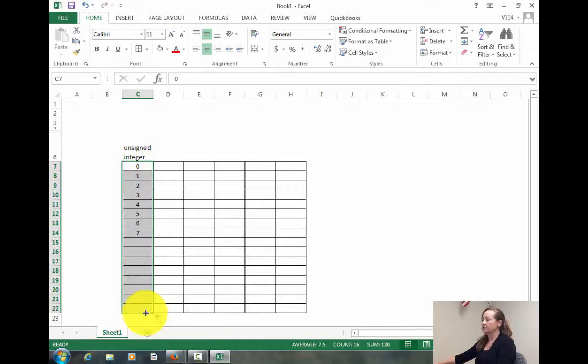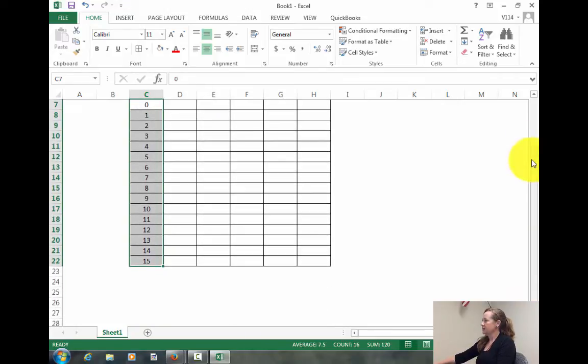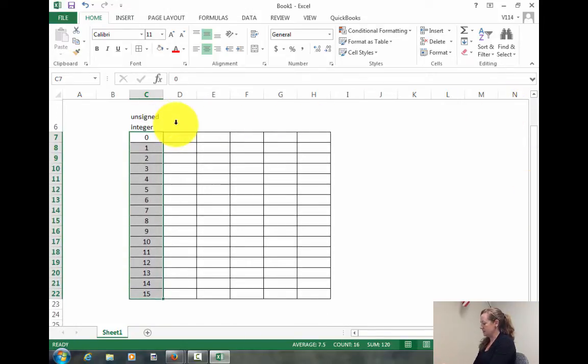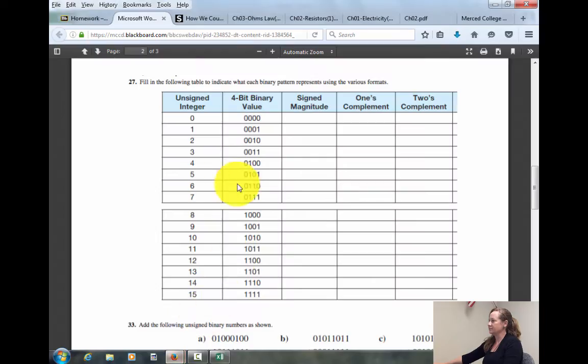Alright, so notice that we're going to count to 15. And we're only going to count to 15, like I said, because then it would make our chart twice as big if we counted beyond 15. Now, how do we represent these things in binary? We should do this without even looking at the chart. So let's say inside of our chart they decided to use only 4 bits. And the reason we're only using 4 bits is we only need 4 bits to represent the numbers 0 through 15.